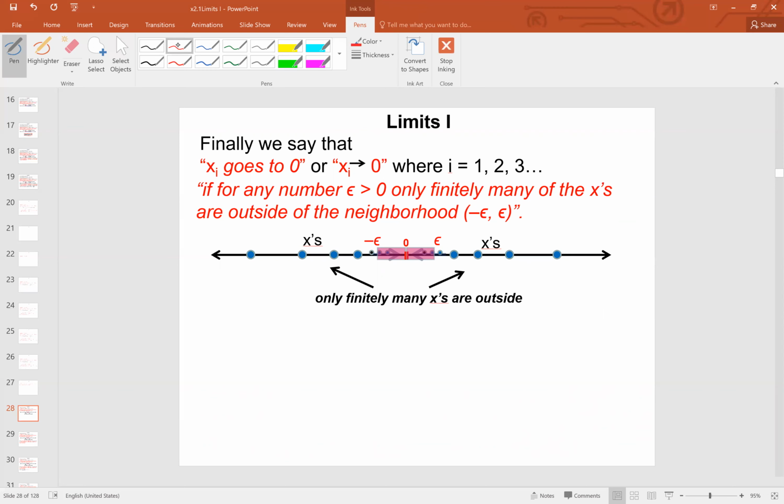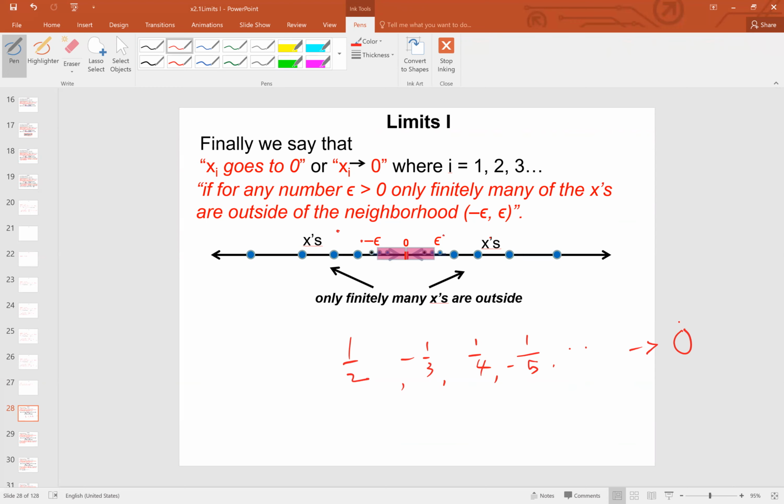In other words, I can think of a list of numbers like, for instance, 1/2, minus 1/3, 1/4, minus 1/5, and so on and so on. So I'm thinking of a bunch of numbers going back and forth, but as I go on the numbers become closer and closer to 0.